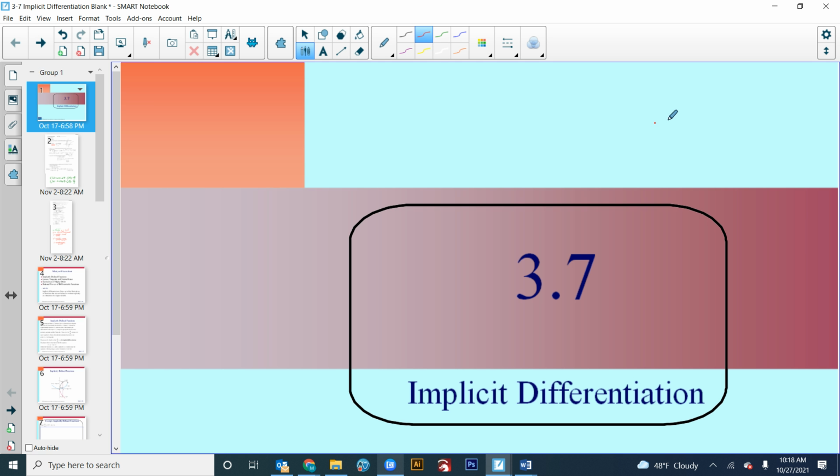It's 2 pi r to the first times the derivative of the radius. Not with respect to the radius, with respect to time. That's in chapter 4. So when we're talking about implicit differentiation, you have to understand what is the independent variable. And if it's not the independent variable, then it must be a function, and you have to use the chain rule.